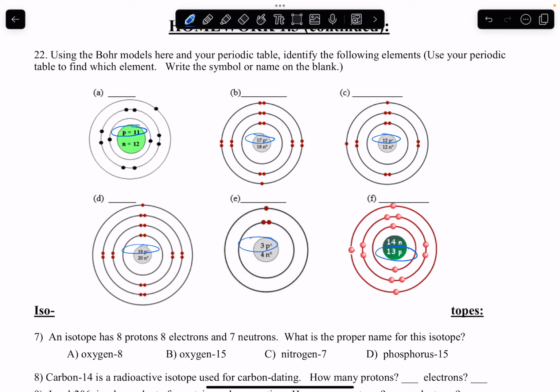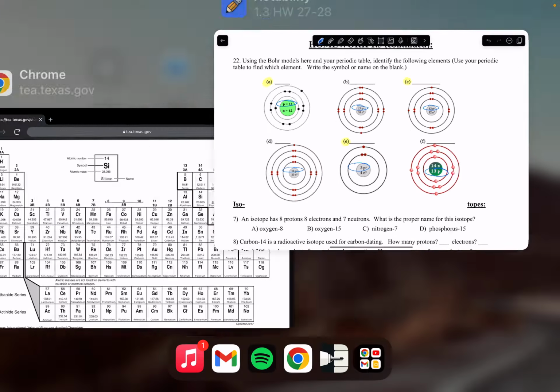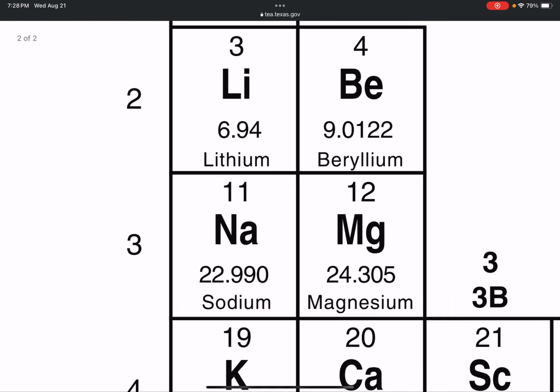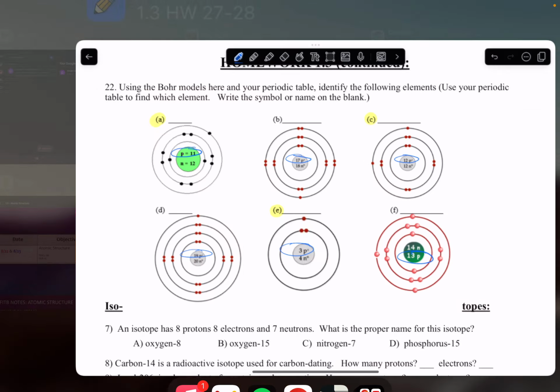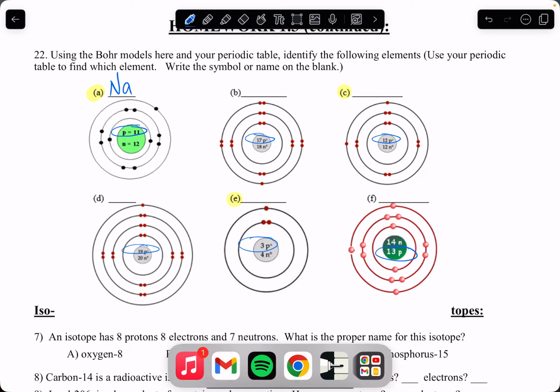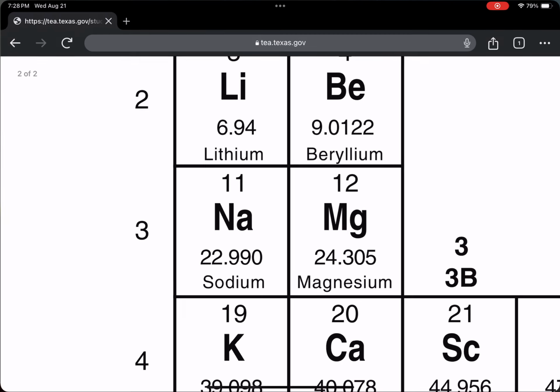All right, so I'm going to do A, E, and C. You can do the rest. A has 11 protons, so let's find what has an atomic number of 11. That's sodium. C has 12 protons, so I'm going to go find what has 12 protons.